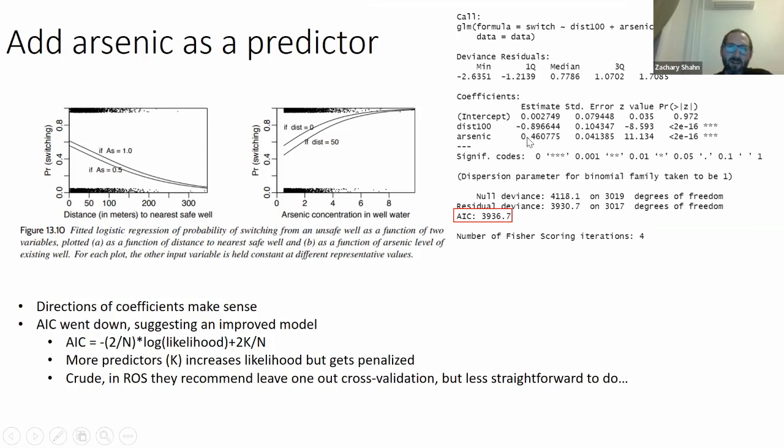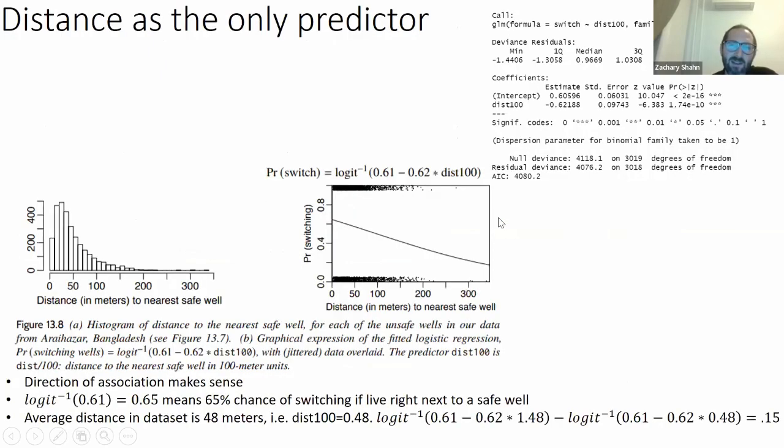And the higher the arsenic level in your own, the more likely you are to switch wells. And both of these coefficients are pretty highly statistically significant. The standard errors are very small compared to the magnitudes. The AIC went down in this model compared to the previous model. So now it's 3936. In the previous model, it was 4080.